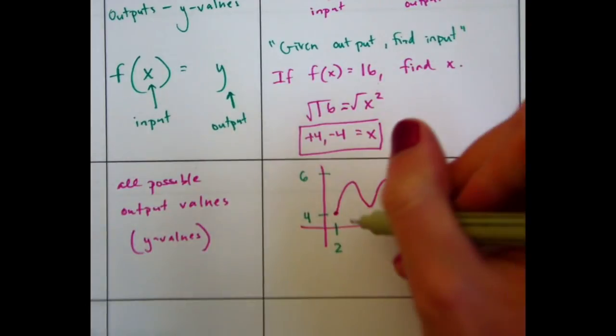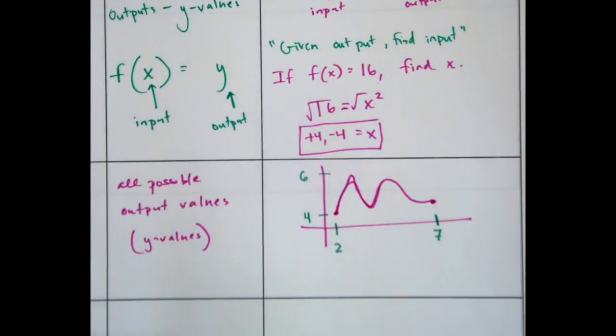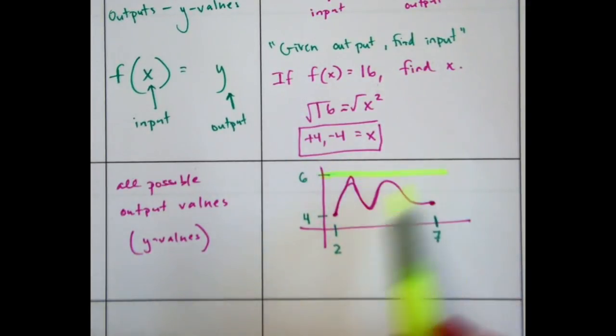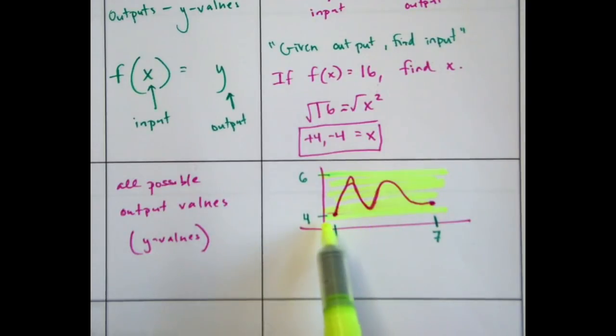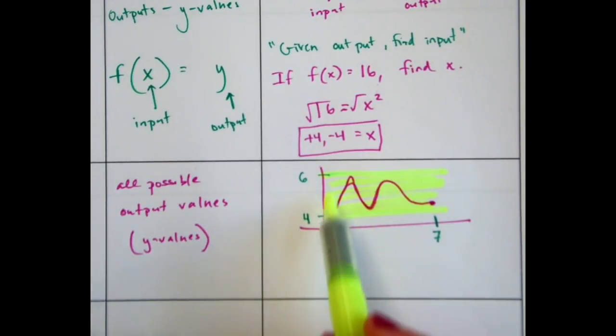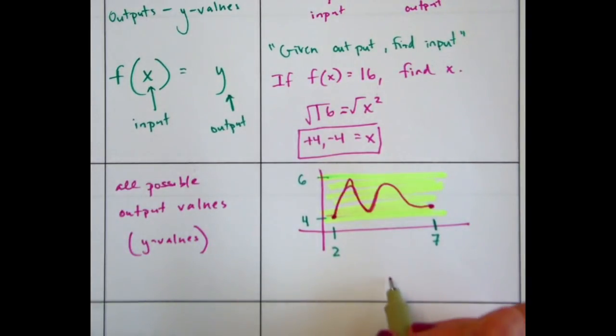So, I didn't draw this very well. But let's say that this function exists between the y values of 4 and 6, meaning the lowest y value, the lowest value on the y-axis is 4, the highest value on the y-axis is 6. And the way we'd write that is y is between 4 and 6.